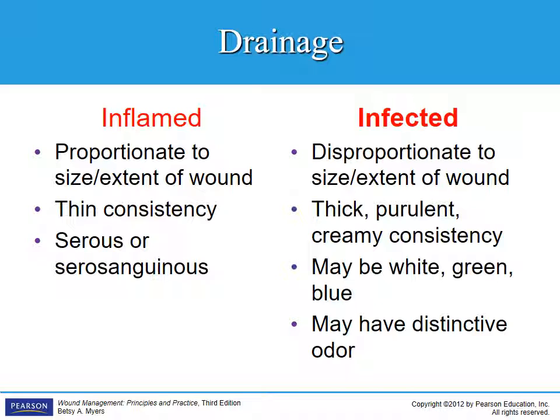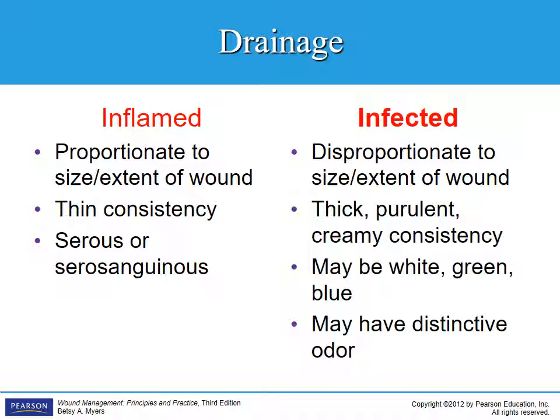It'll be thick. It'll have a distinctive odor, will not smell good, very purulent, has a creamy consistency. It can be white, it can be green, it can be blue. And as it says, have a distinctive odor. If it is blue, then you know it's a specific type of bacteria.